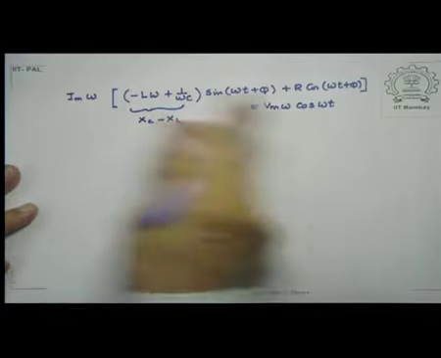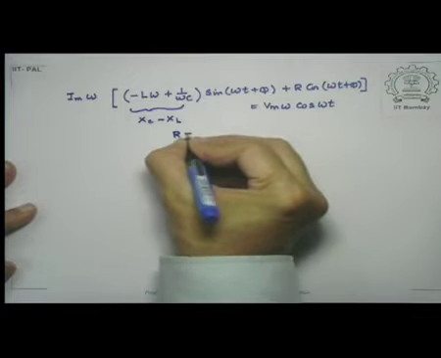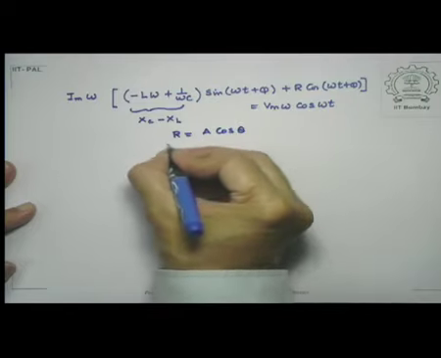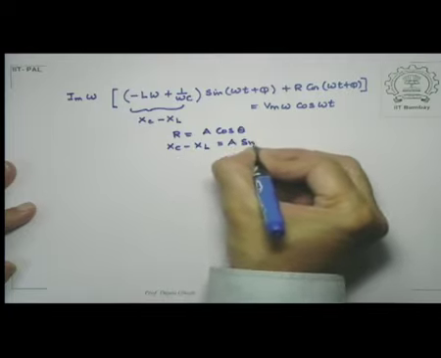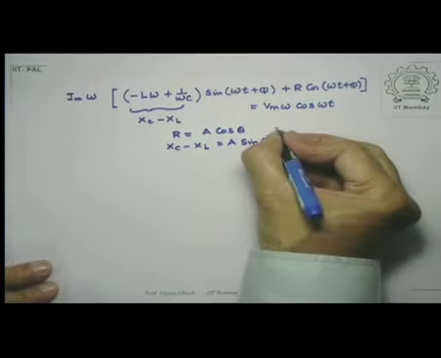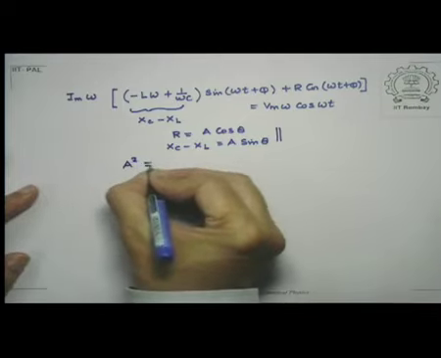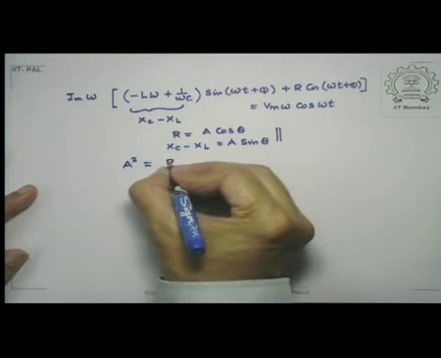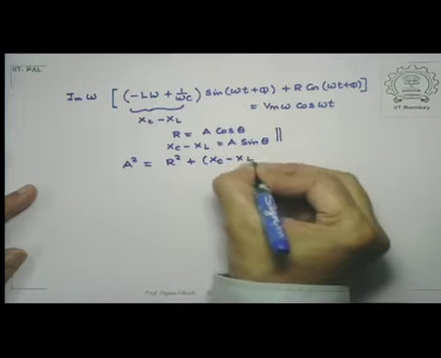I can simplify the left hand side of this expression by taking R equal to some a cosine theta and Xc minus Xl to be equal to a sine theta, where of course I need to determine what a and theta are. But you can immediately see from these two relationships, I have a square equal to a square cos square theta plus a square sine square theta, which is R square plus (Xc minus Xl) whole square.